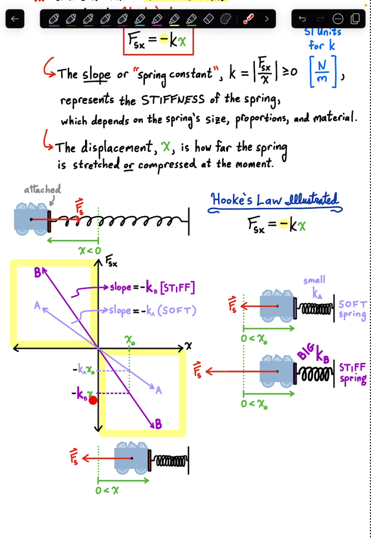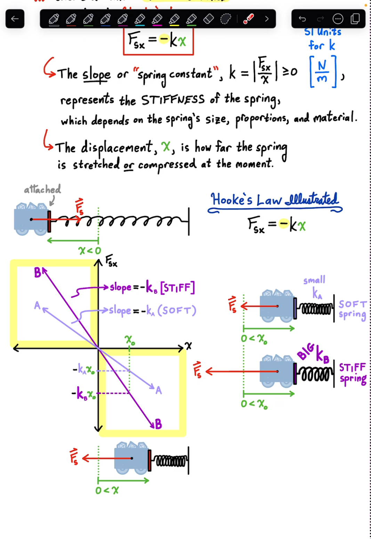So the same displacement, but different spring forces. That's our red spring force here. It's going to take much more force to compress that big spring than to compress the soft spring. Likewise, the stiff spring is exerting a much bigger spring force on the cart than the soft spring is exerting on the cart at the same compression.